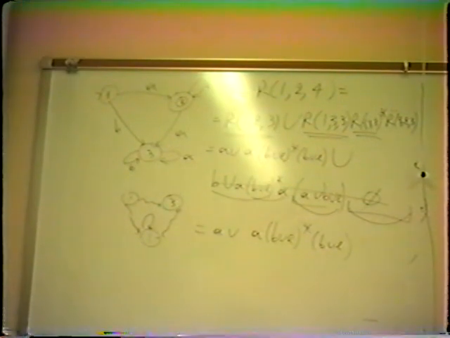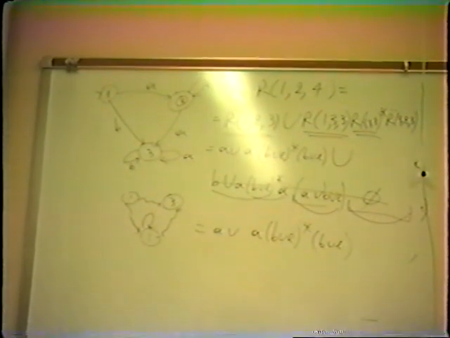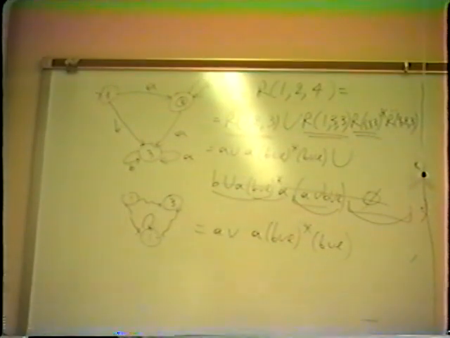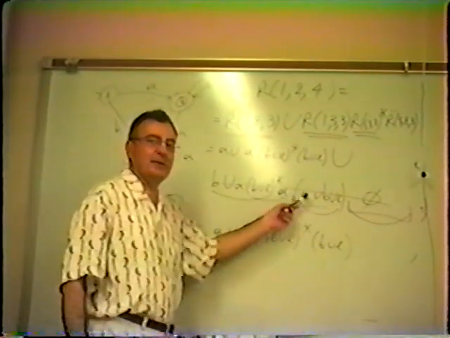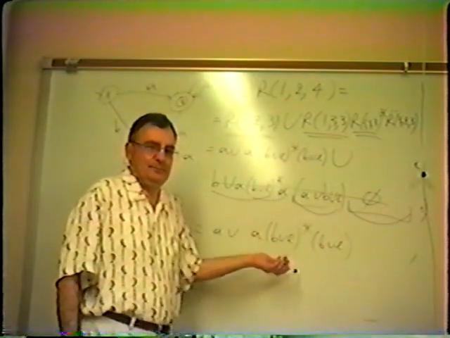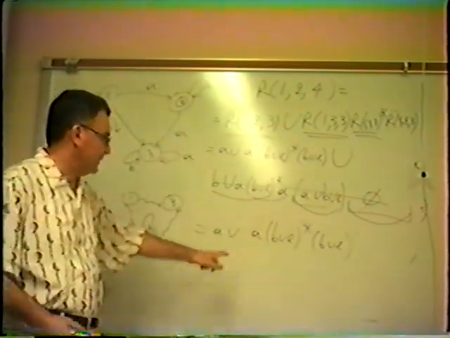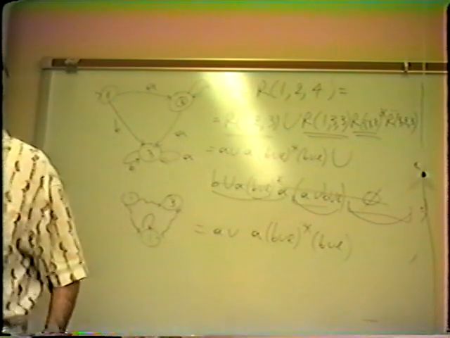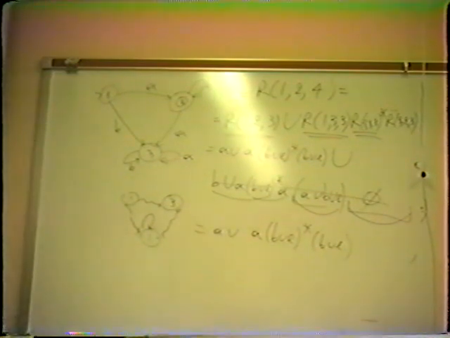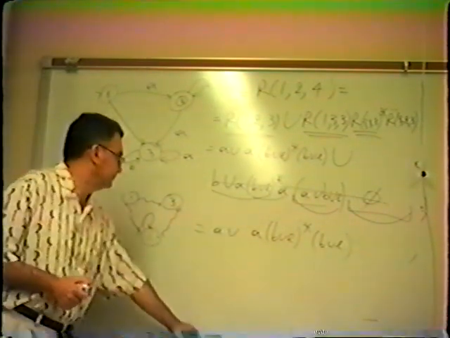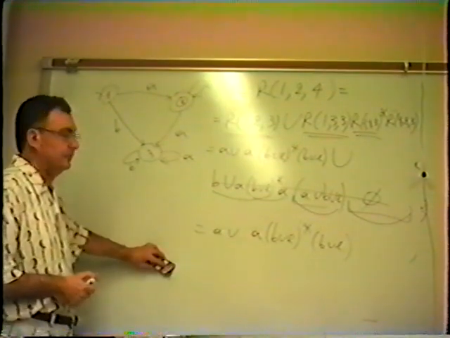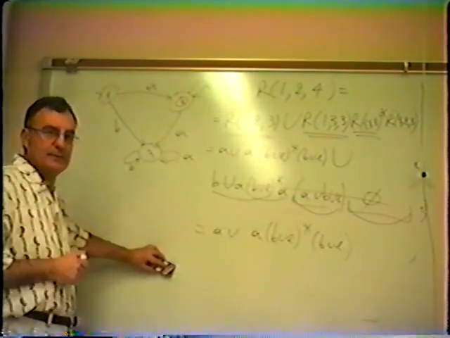All the things we calculated will cancel out. These things where we took the shortcuts will cancel out anyway. Of course, this is equivalent to A B star. So that's it, that's the algorithm.